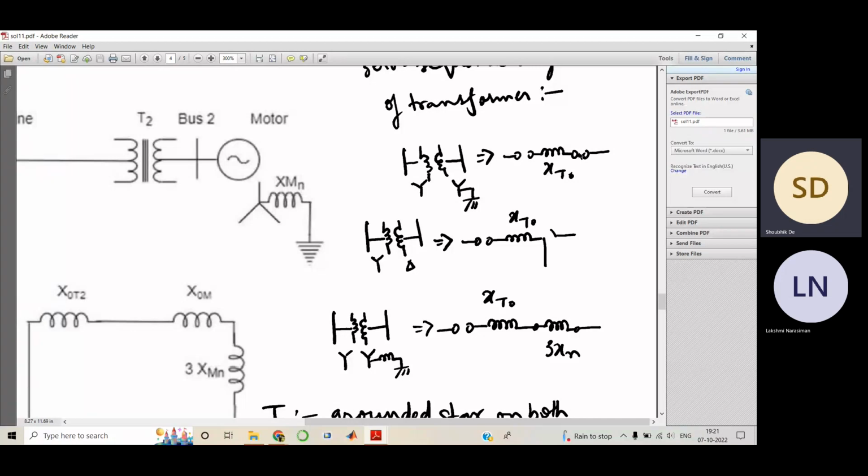If this was open, then the Thevenin reactance would have been infinity, because this would have been open. And on this side it would have been this reactance plus the reactance of the synchronous generator. I hope this is what you are asking.